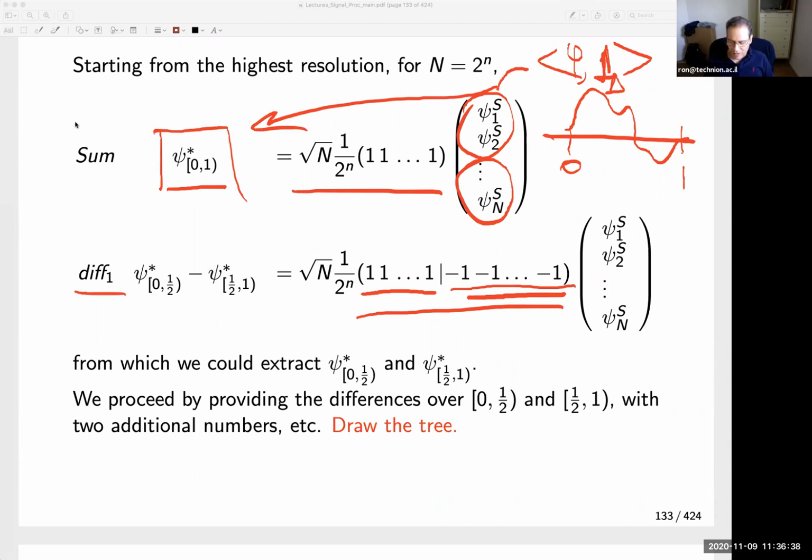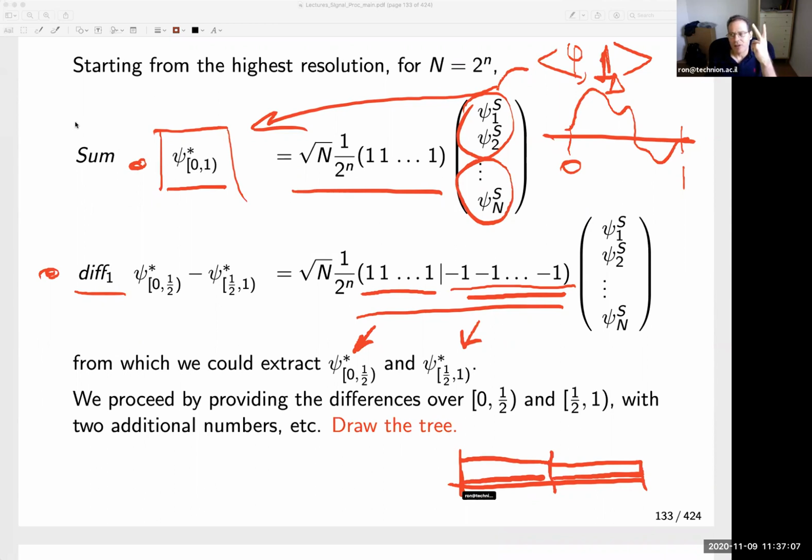So from these two numbers, from these two scalars, what I can extract are the averages in the next layer. So again, I have the average over the whole domain, and I have the subtraction of this average minus that average.